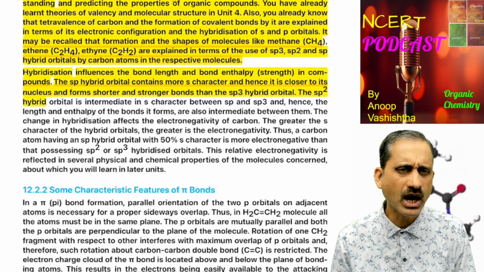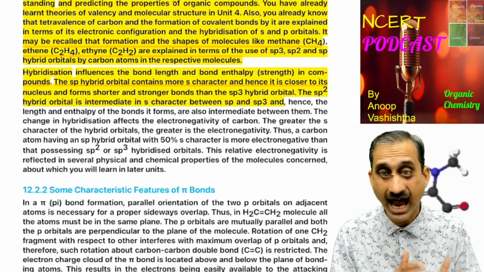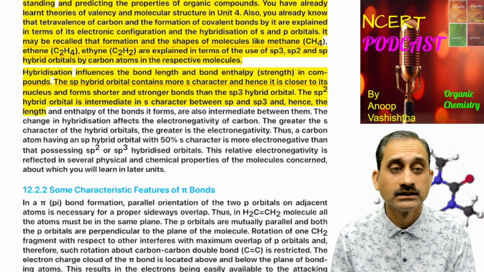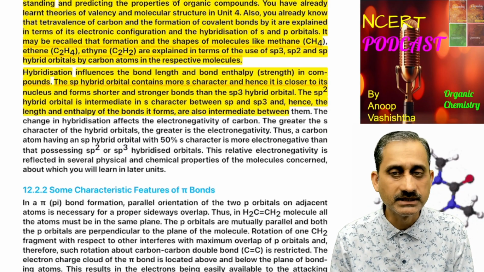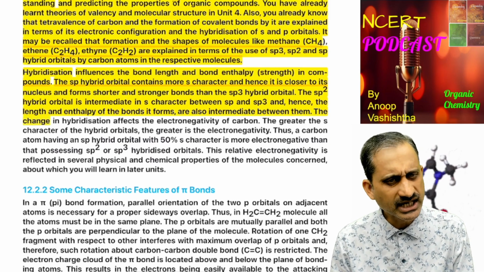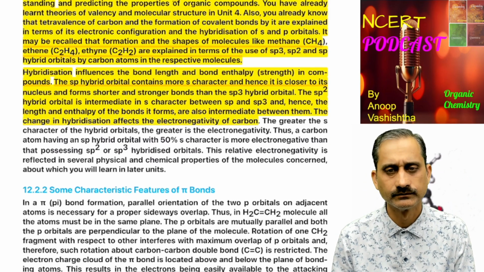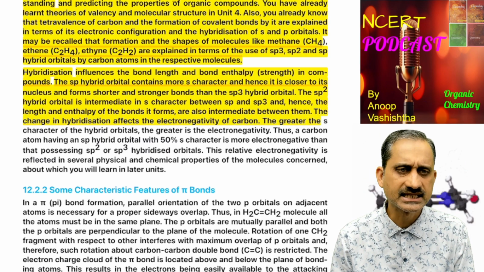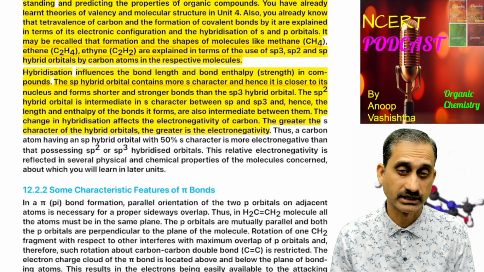The sp2 hybrid orbital is intermediate in s character between sp and sp3 and hence the length and enthalpy of the bond it forms are also intermediate between them. The change in hybridization affects the electronegativity of carbon. The greater the s character of the hybrid orbitals, the greater is the electronegativity.